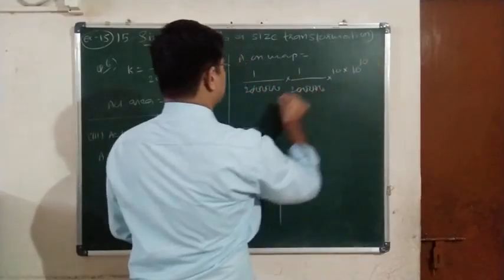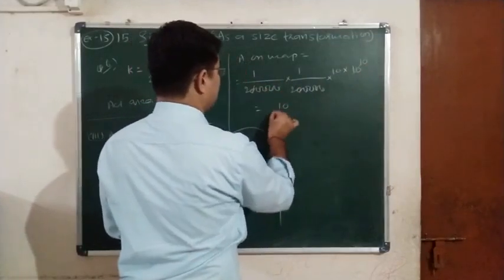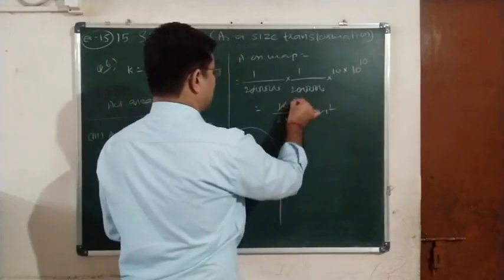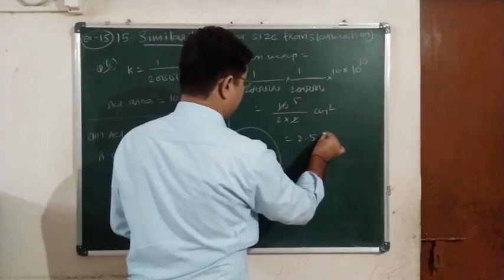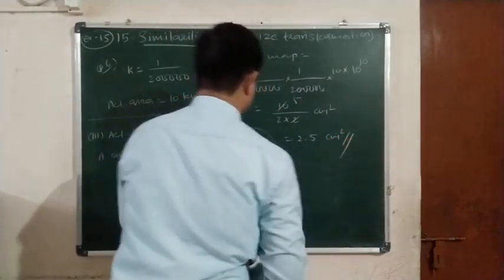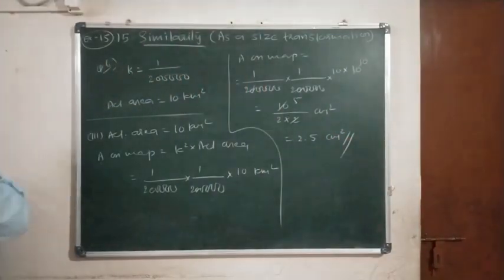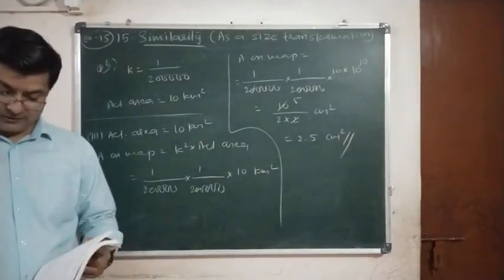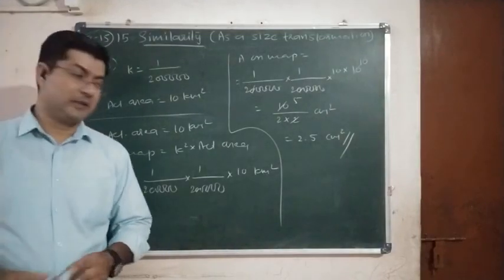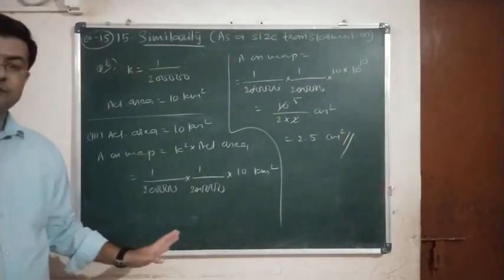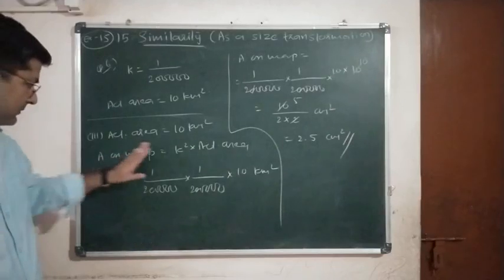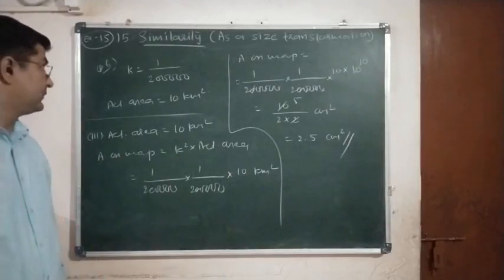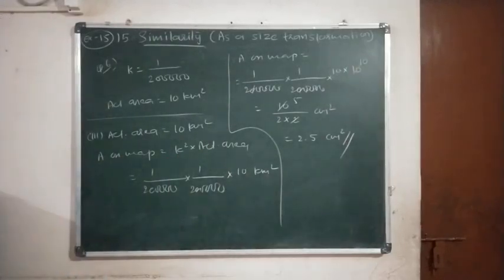So we are left with 10 upon 2 into 2 square centimeter. So 2.5 square centimeter is the area on map. This was the third answer of question number 6. Clear? So far you have understood that if you remember the 3 formulas, then you are able to solve the full exercise. Now let us solve question number 7.